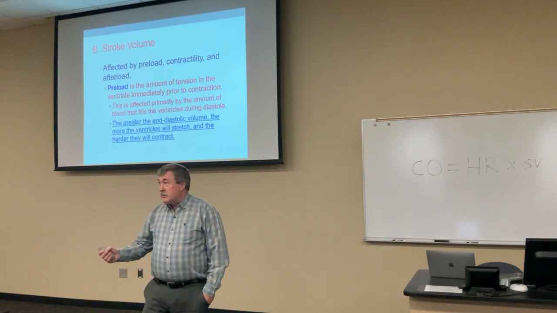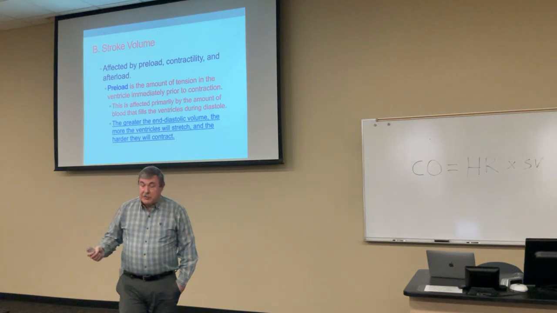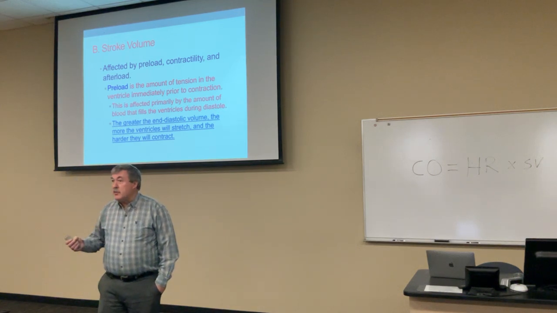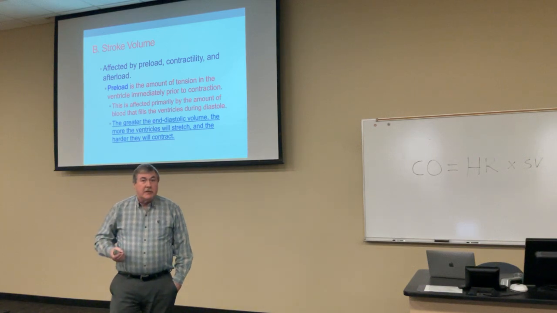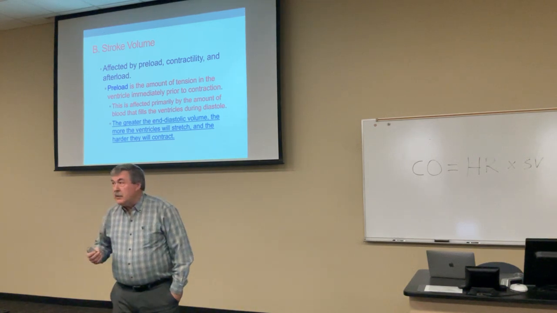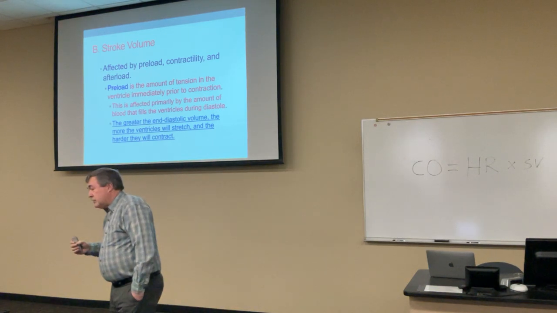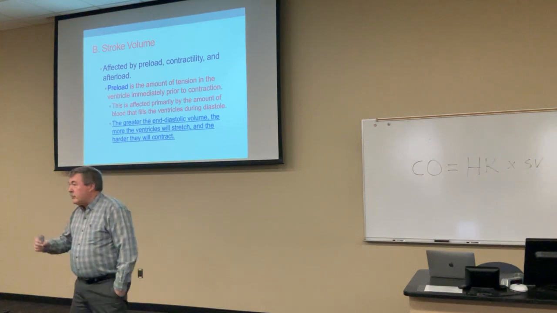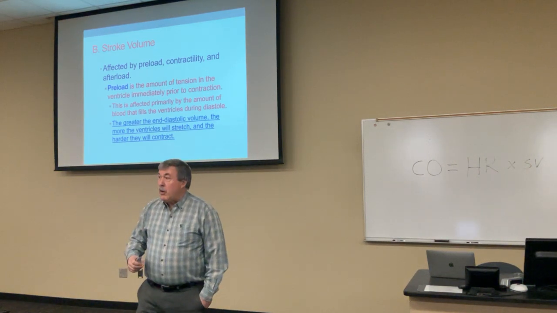Baroreceptors are stretch receptors that are located in some of the arteries above the heart. When blood pressure increases, those baroreceptors are stimulated. They increase their rate of firing of action potentials. Those signals are sent to the cardiac center through the glossopharyngeal and the vagus nerve, and that will slow the heart down.